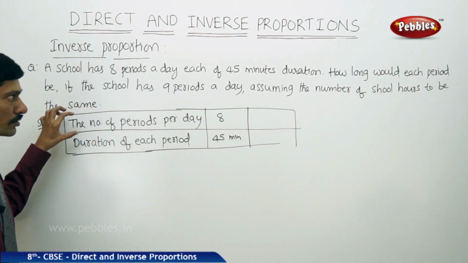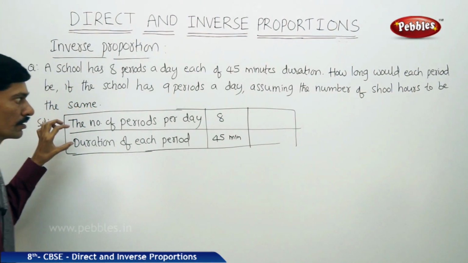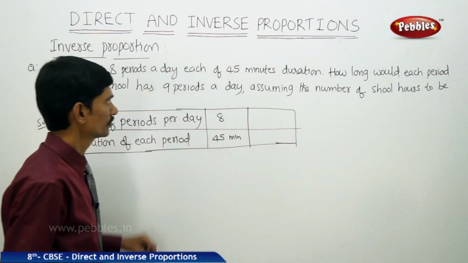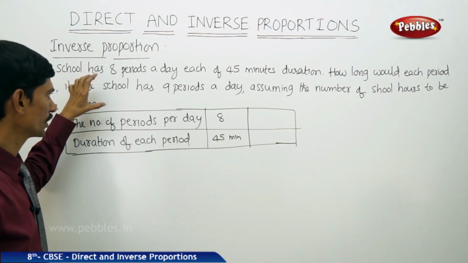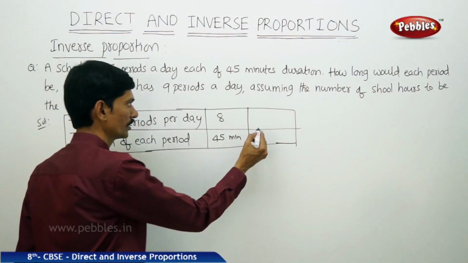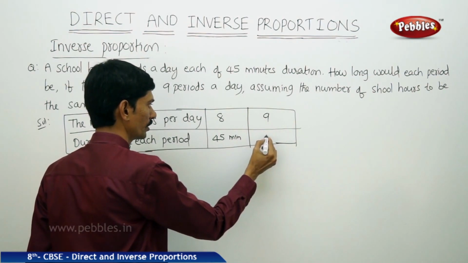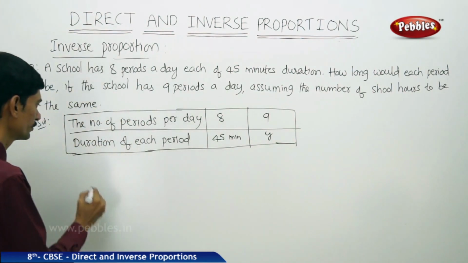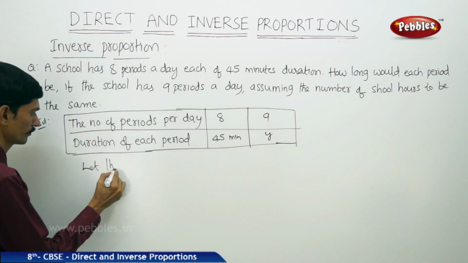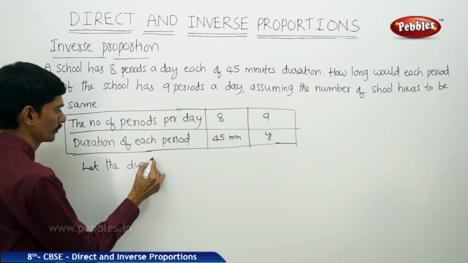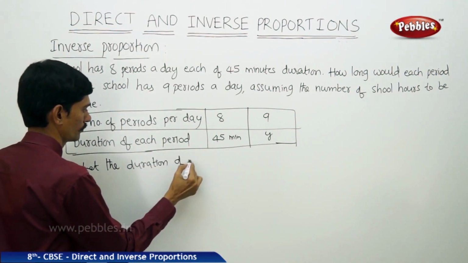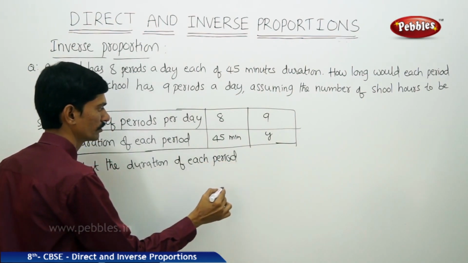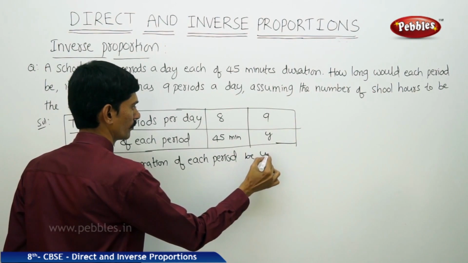If you assume that the school maintains the same hours every day, then if the number of periods per day is 9, what is the duration of each period? So you should find out this value. So it is y. So let the duration of each period be y minutes.